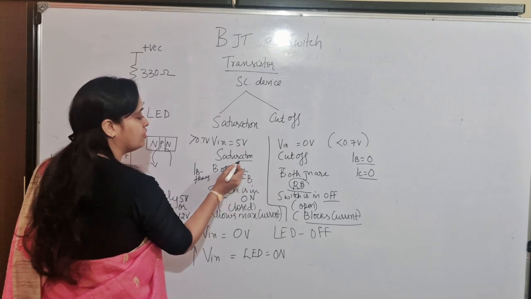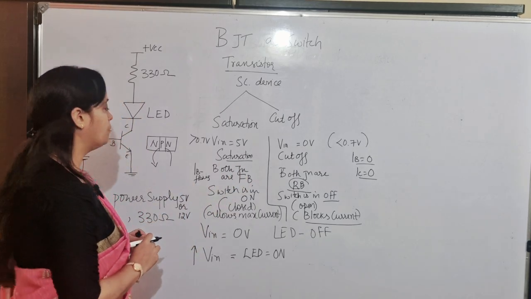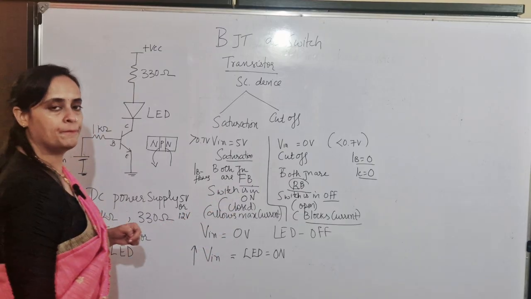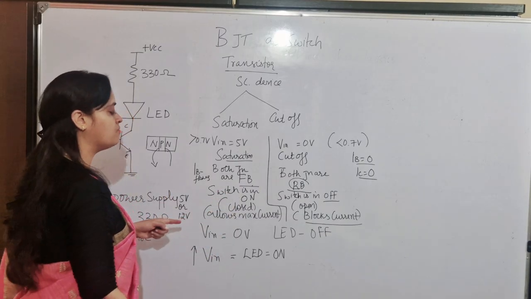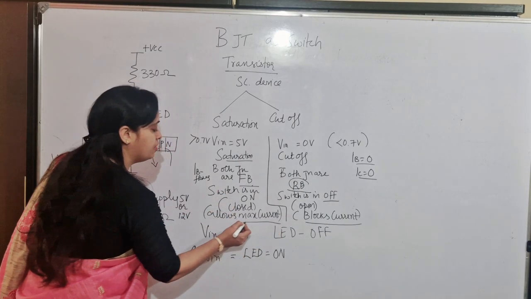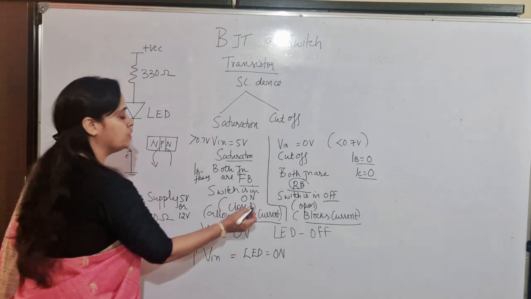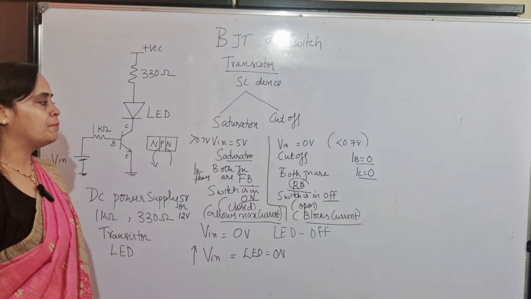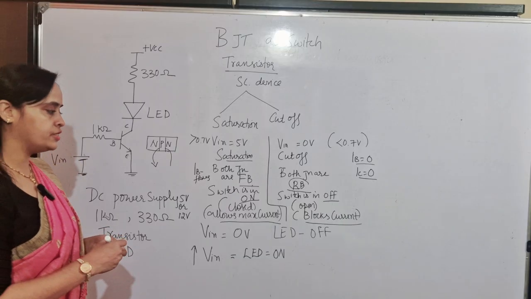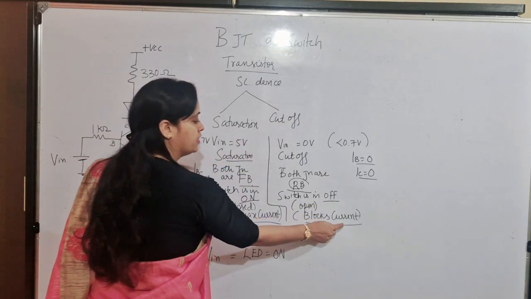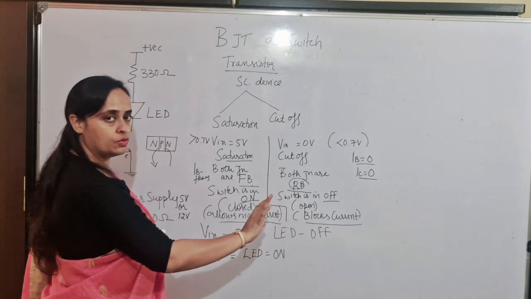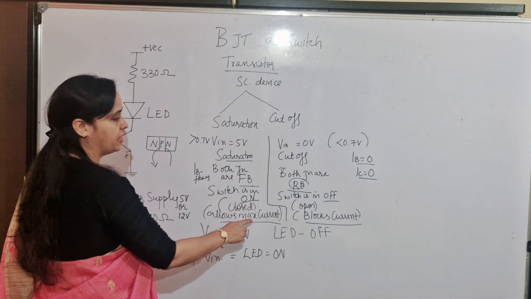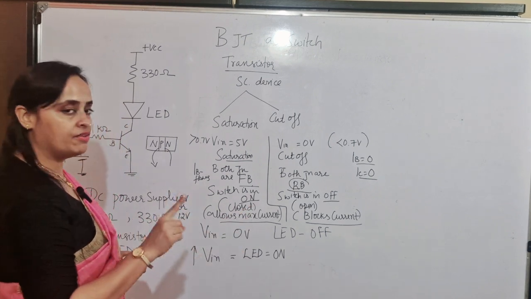This condition we call saturation, because both the junctions are forward biased, and we know that current will flow, the switch is on, the circuit is closed. So the major difference between the two regions is that in the cutoff region current is blocked, absolutely no current. In saturation, maximum current can flow, that is why the LED will glow.